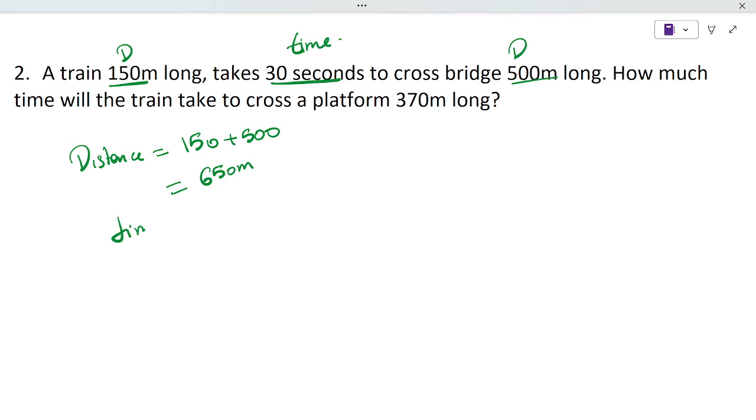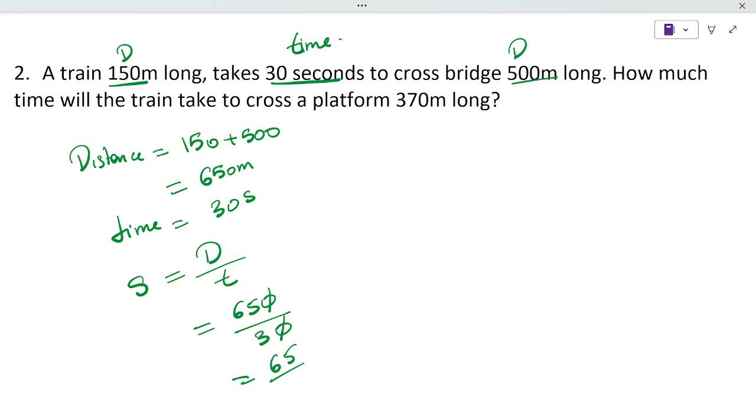Time is given as 30 seconds. So the definition of speed is distance by time. Distance is 650 by 30 seconds. Cancelling the 0, we get 65 by 3 meter per second.